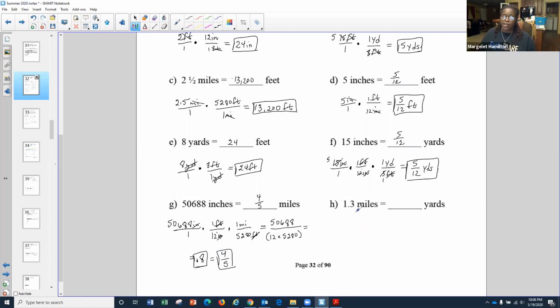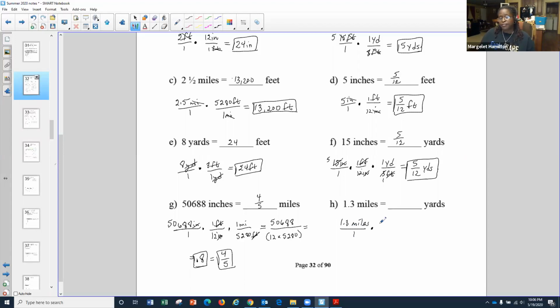Okay, here we are finishing up this page. We have miles to yards. So we have 1.3 miles. Going to yards now. Well, we know we can go from miles to feet.